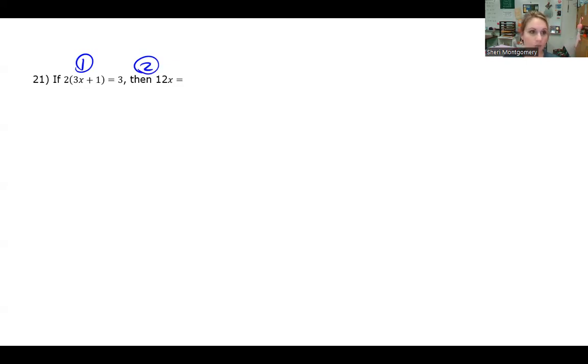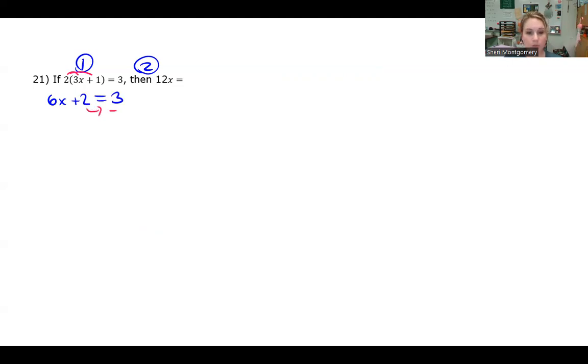So let's do this. If. So we want to solve for x. First, we can distribute. 2 times 3 is 6x. 2 times 1 is 2. All right, we want to get x all by itself.